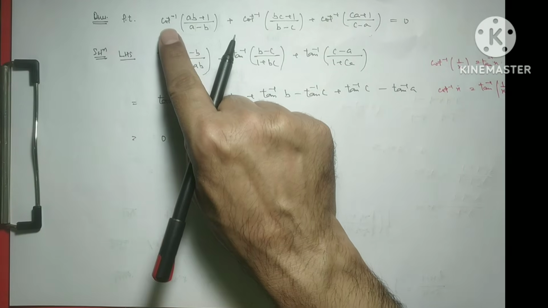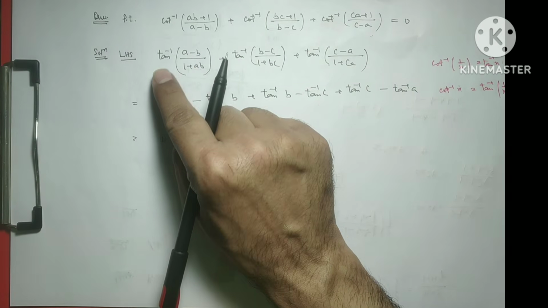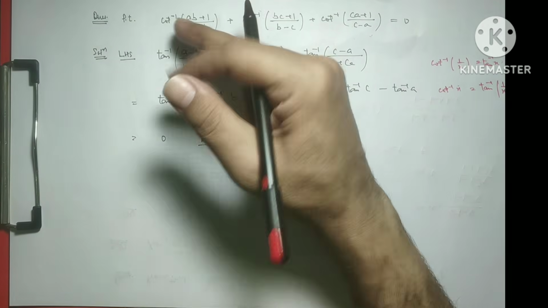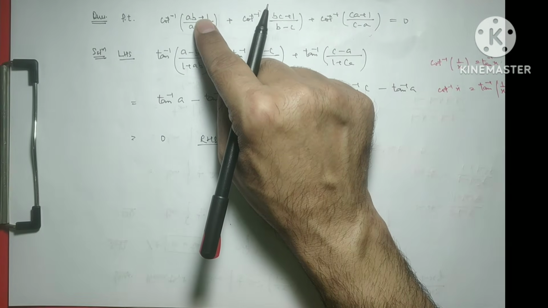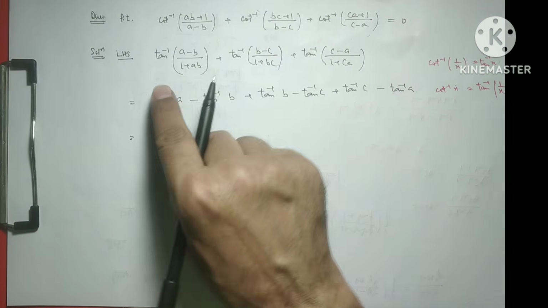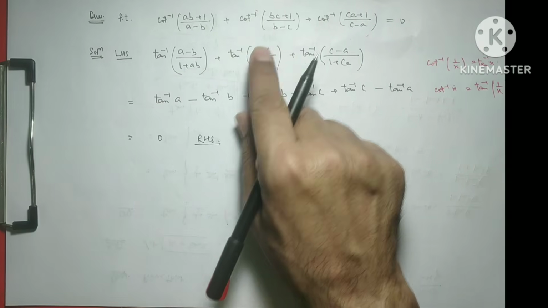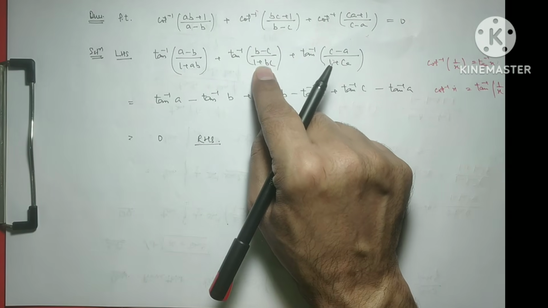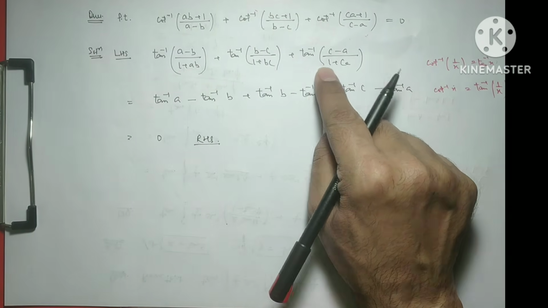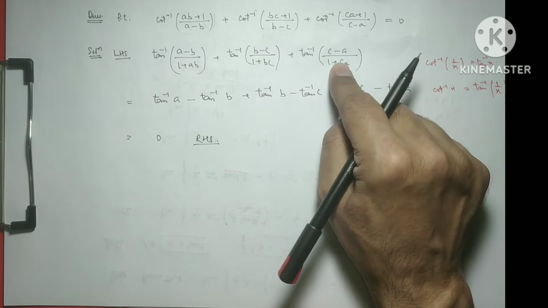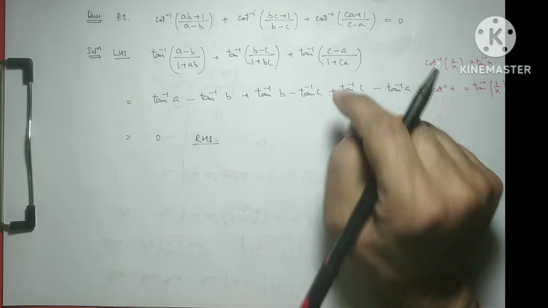So when we convert this cot inverse expression into tan inverse, we will reciprocate this bracket value. So it becomes tan inverse of A minus B over 1 plus AB. Similarly, again B minus C over 1 plus BC. And the third one is also converted into this expression.